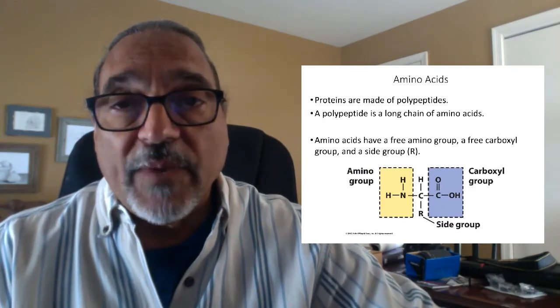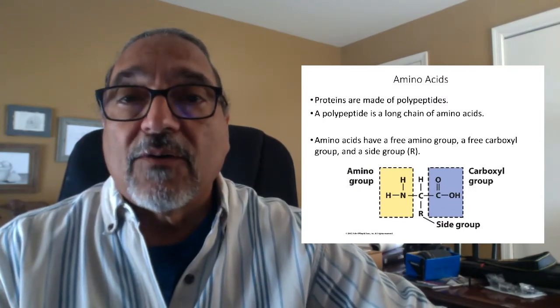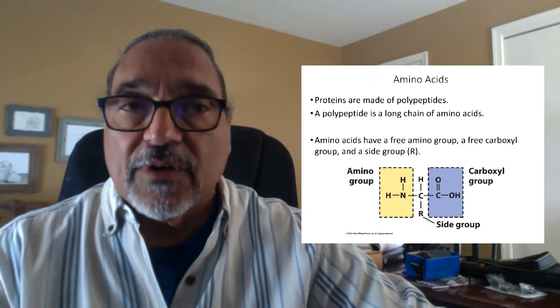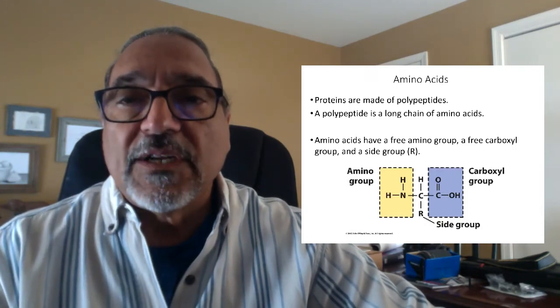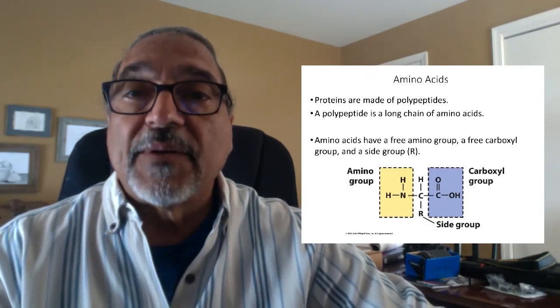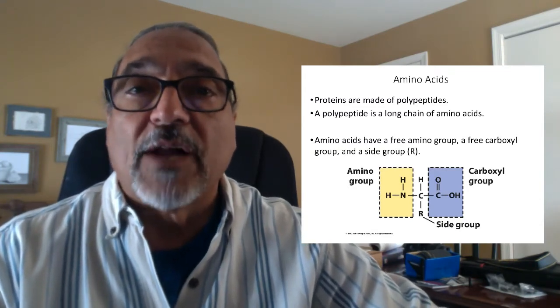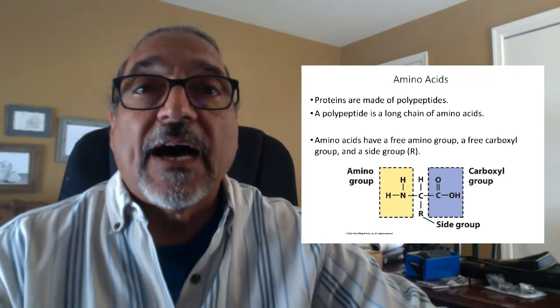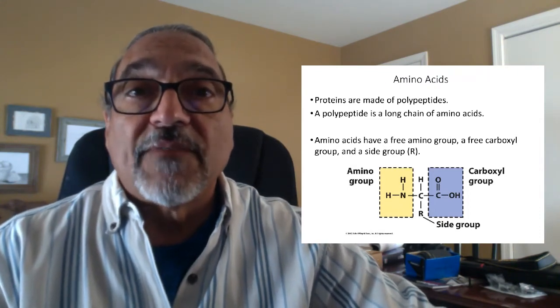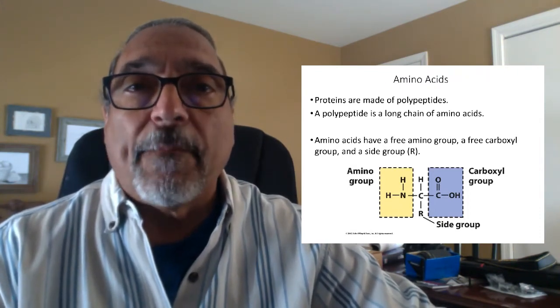So we need to know a little bit about what in the world is a protein. And of course, we know that proteins are made up of amino acids. Proteins, of course, are one of the macromolecules of life, and not only that, it is a polymer.